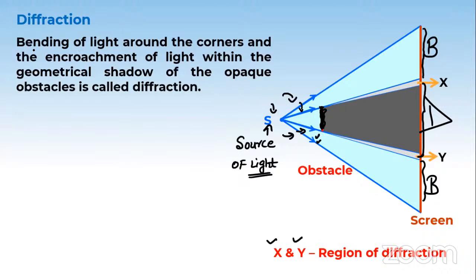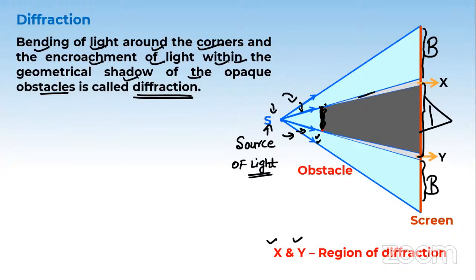Remember this: bending of light around the corners and encroachment of light within the geometrical shadow of the opaque obstacles is called diffraction. I repeat it: bending of light around the corners. You're understanding this? These are the bending of light.